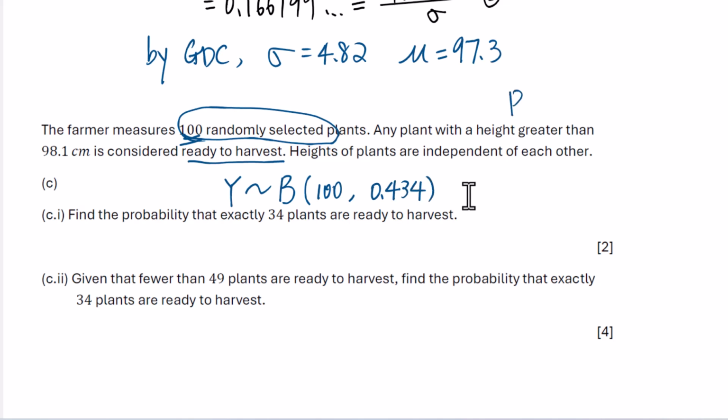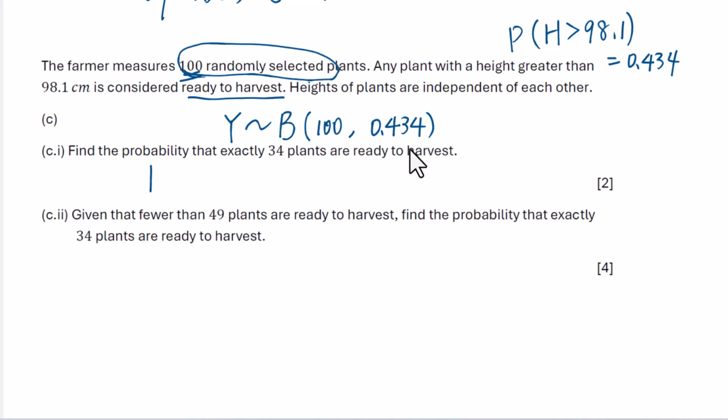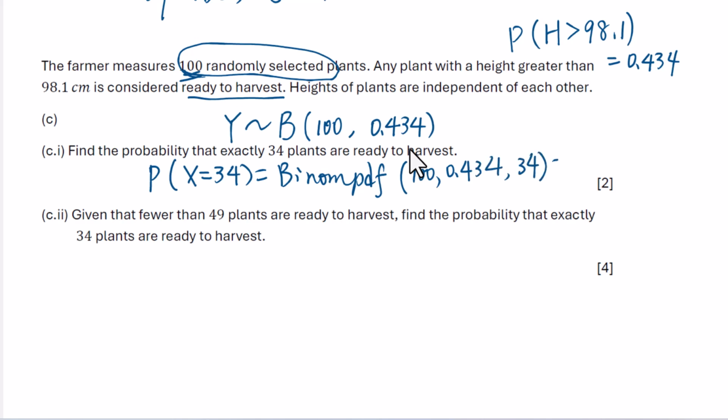Because we are given probability of H greater than 98.1 equals 0.434. We are looking for probability of X equals 34. We got to use binom PDF, 100, 0.434, 34. Go to calculator.